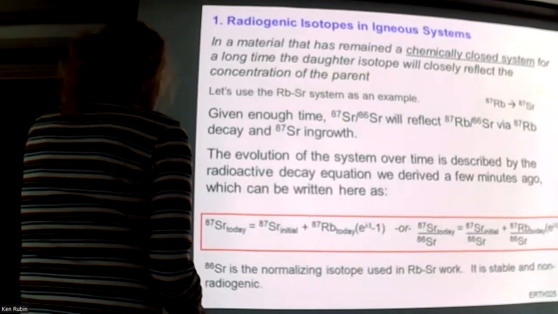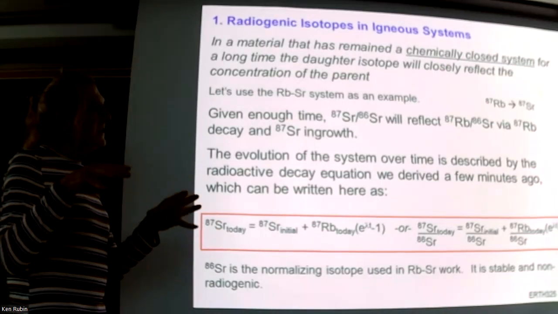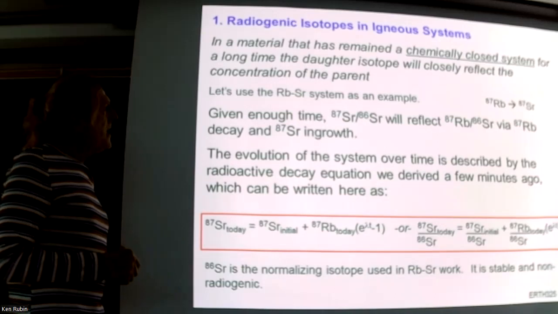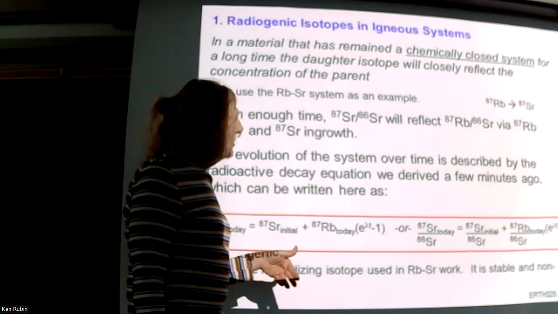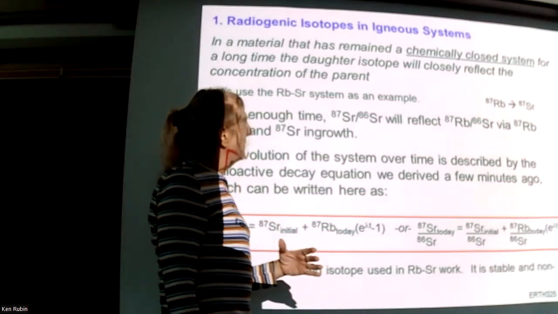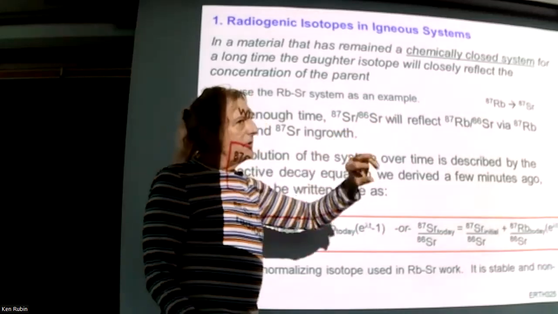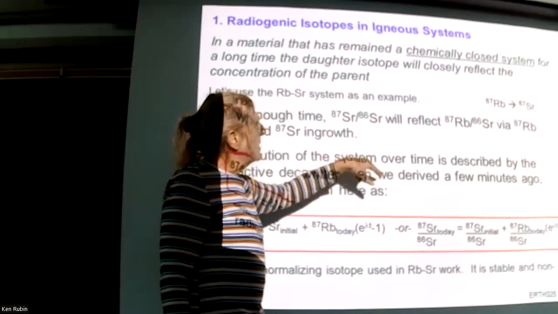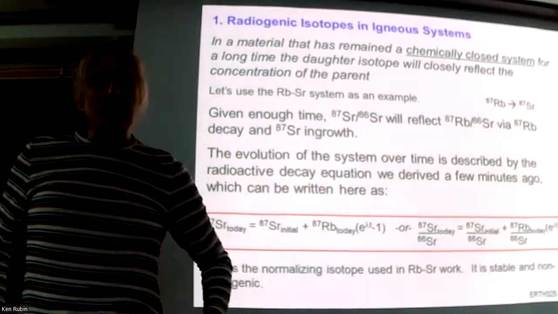So this is the time evolution of one of those systems, the rubidium-87 being the parent, decaying to strontium-87 system, right? And as I mentioned last time, we measure isotope ratios. They're easier to measure on the mass spectrometer. The abundances are more difficult to determine than the relative abundances of two different isotopes. So we normalize to strontium-86. Strontium-86 is one of the major isotopes of strontium.